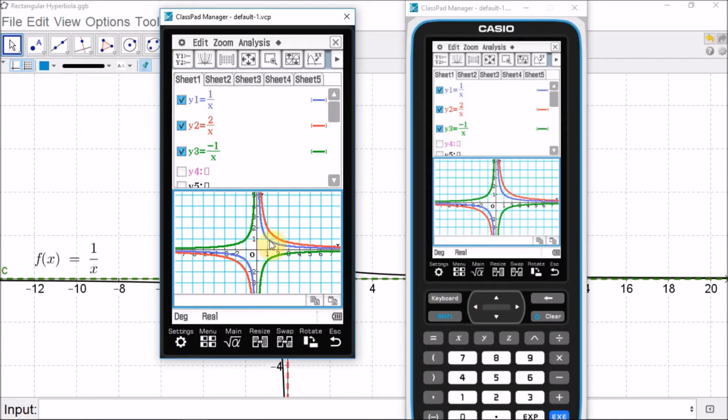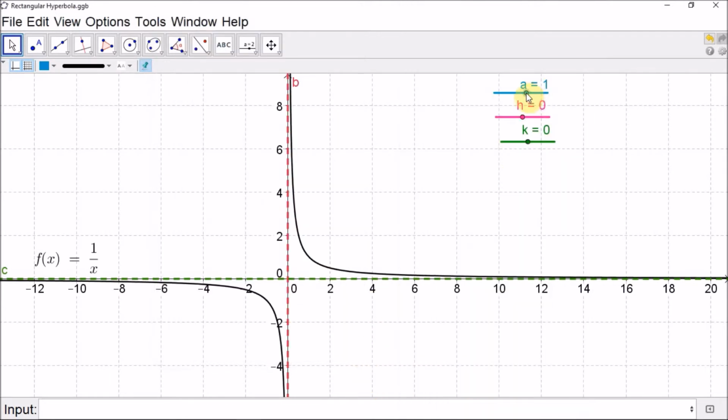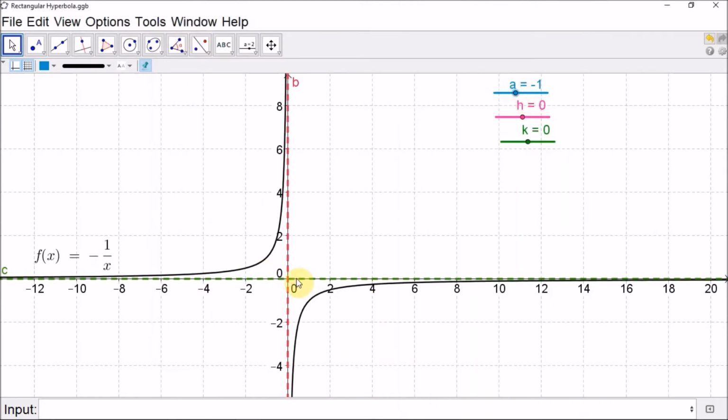So it's like the blue one gets flipped down into here. Let's make it -1. There it is. Instead of being up here, it's now down here, and so it's been reflected.